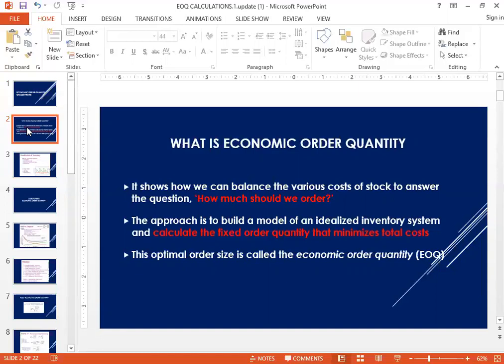At the EOQ quantity, the total cost of inventory is going to be at its minimum. If you order more than the EOQ or less than the EOQ, it will not be your minimized total cost. It will be higher than the cost at EOQ.